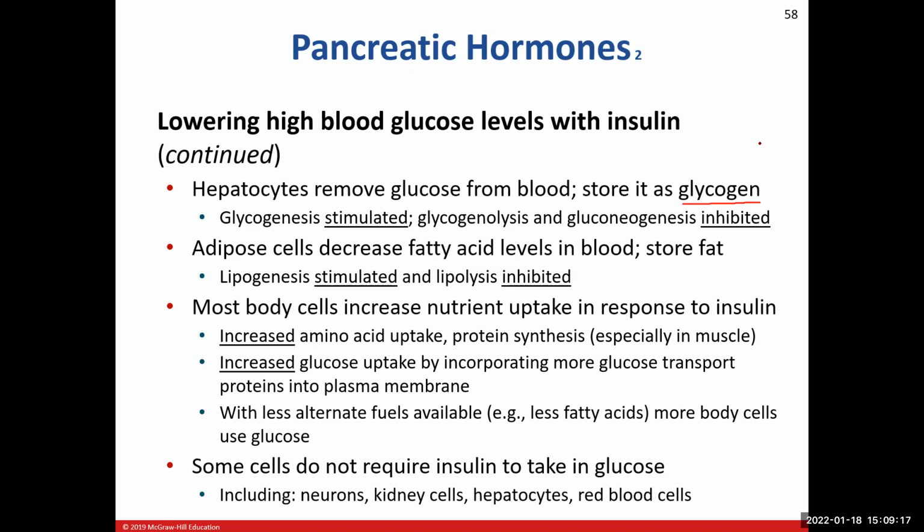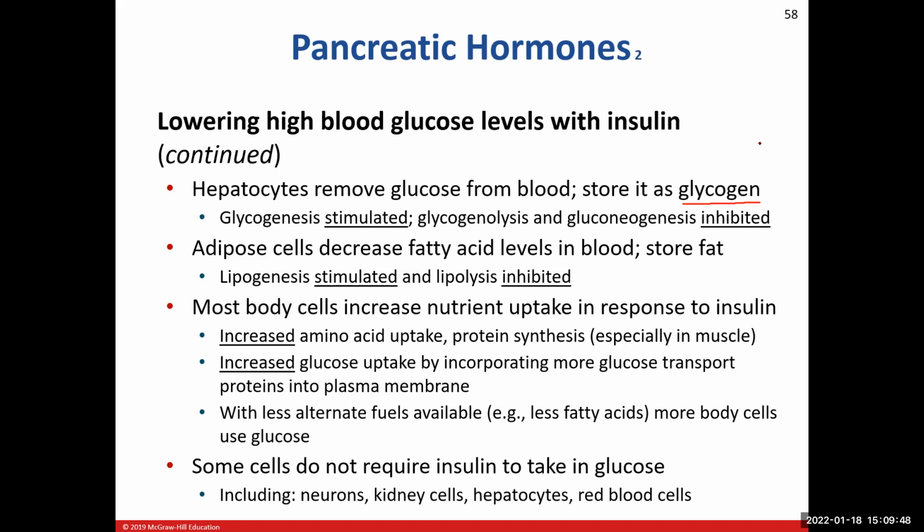Well, now we're going to take glucose out of the bloodstream and store it in the liver. So that means we're going to make glycogen. So we're going to stimulate glycogenesis, and at the same time, we're going to inhibit the breakdown of glycogen through the process of glycogenolysis. And we're going to stop making glucose from non-carbohydrate sources like amino acids. So we're going to inhibit gluconeogenesis.